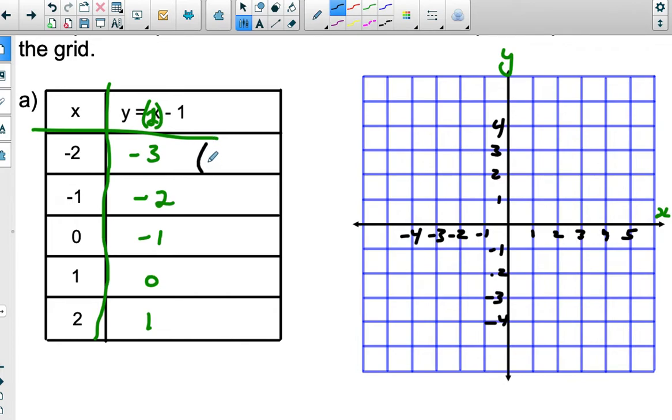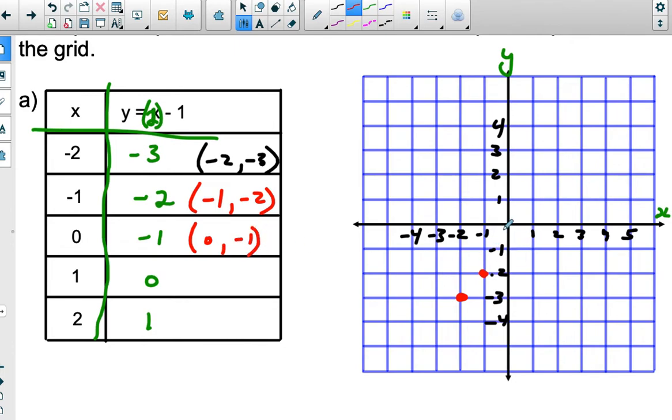All right, and we can plot these points. So this point here is located at -2, -3. So I can go to -2 on the x-axis, -3 on the y-axis, and I can put a point. This second relationship is at -1, -2. So -1 on the x-axis, -2 on the y-axis, and I put a point.